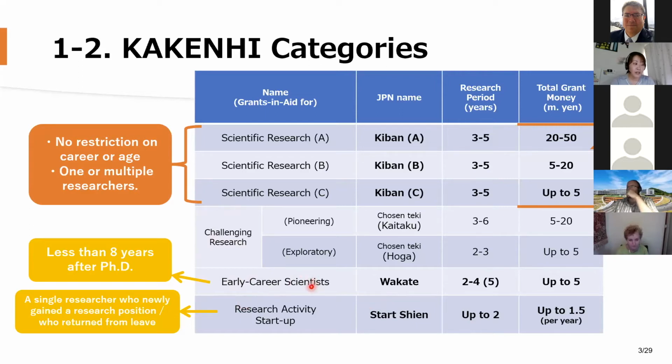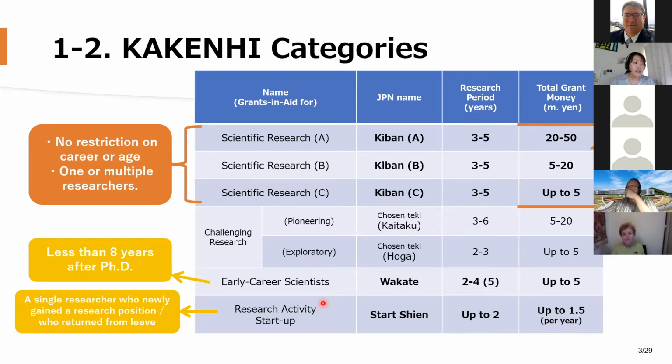There used to be an alternative condition, like even if you don't have a PhD, you can apply for this wakate if you are younger than 40 years old. But according to the recent news posted on the website of JSPS, this condition will probably disappear, will be erased from this year.